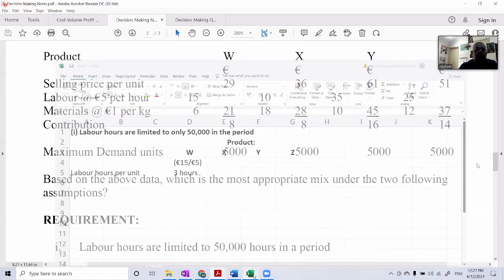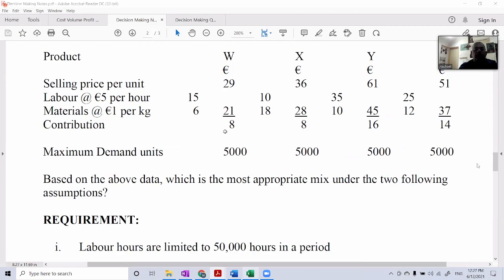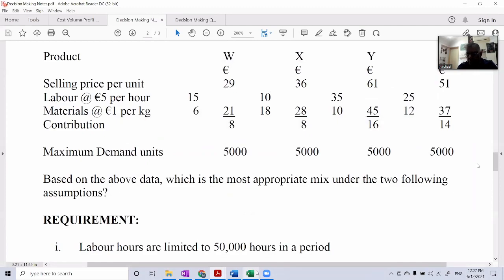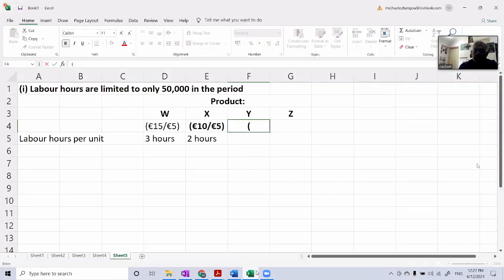Over here, 10 divided by 5 is 2 hours. Then 35 divided by 5 should be 7 hours.